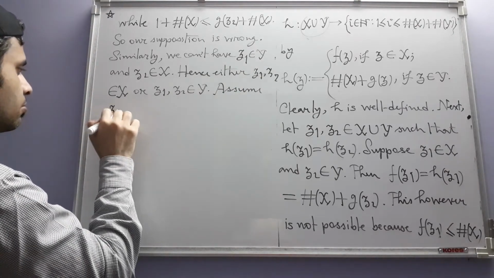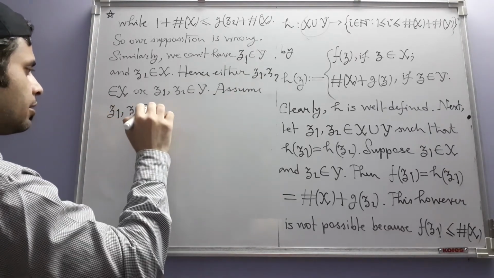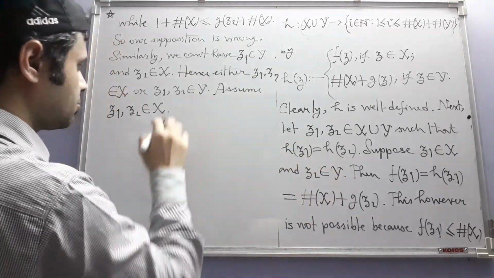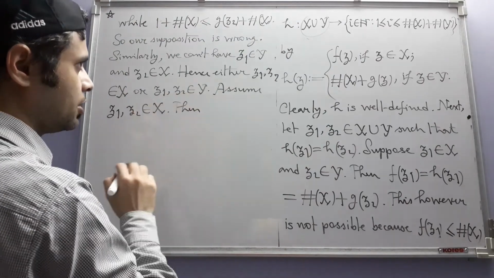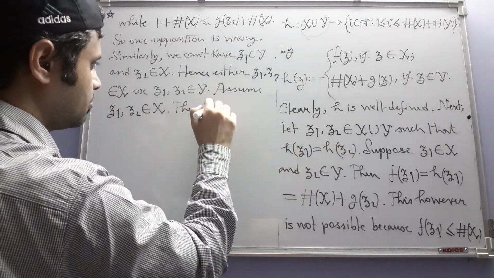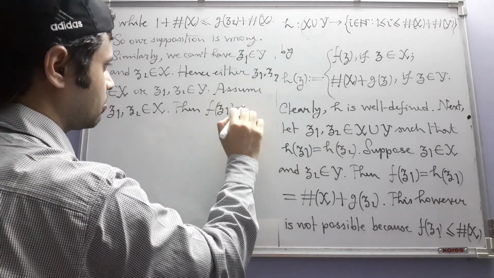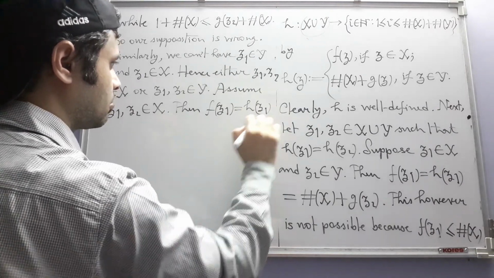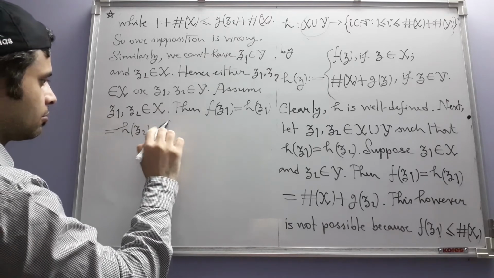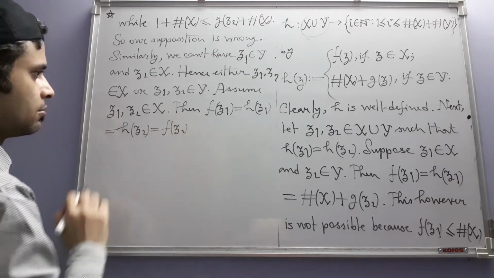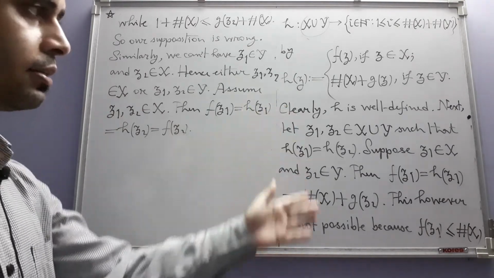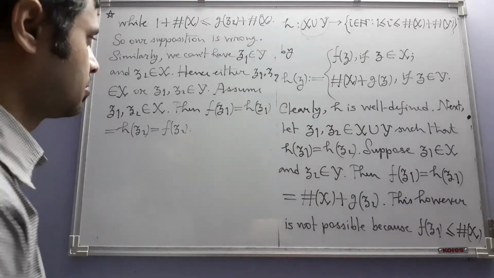Assume Z1 and Z2 both belong to X. Then what do we get from this one? Then this will be equal to F of Z1, this is F of Z2. And then again, you can see a sameness in the way we are going on solving these things.